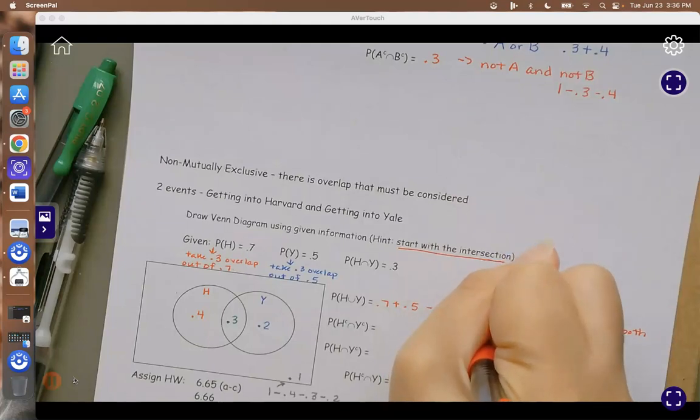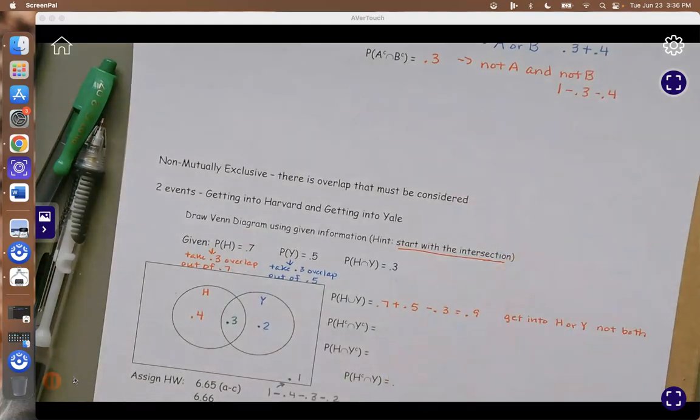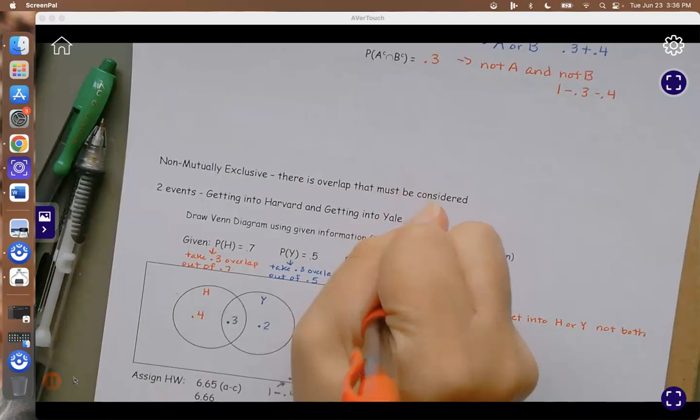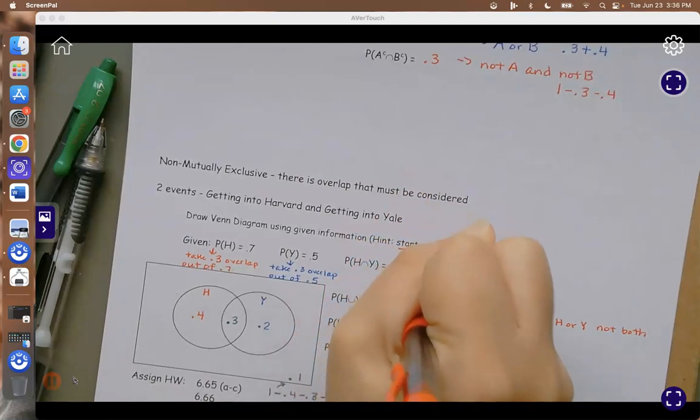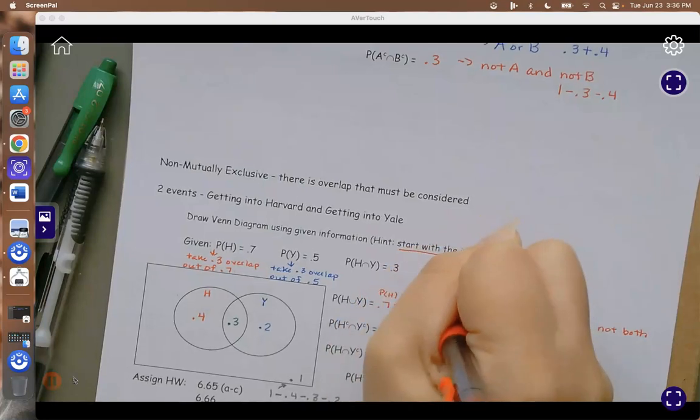That gives me 0.9 right there. Okay, I couldn't do the 0.4 and 0.2, sorry, because I'd be subtracting 3 off twice. Sorry about that. So you take the 0.7 probability of Harvard, plus the probability of Yale, minus the overlap.